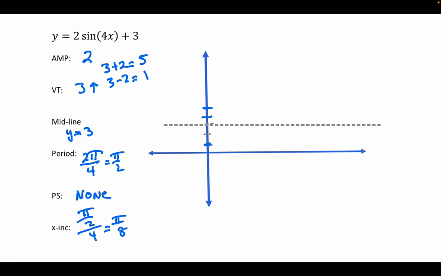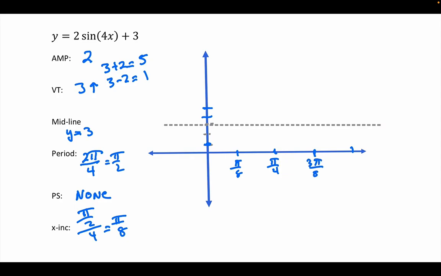So I know that that's going to go up 2, and then it's going to go down 2. If I take a look at my increment, let's draw our 4 points or 4 increments along here. 1, 2, 3, 4, and each of those increments is going to be pi eighths. So this one would be pi eighths. This would be 2 pi eighths or pi fourths. This one would be 3 pi eighths.